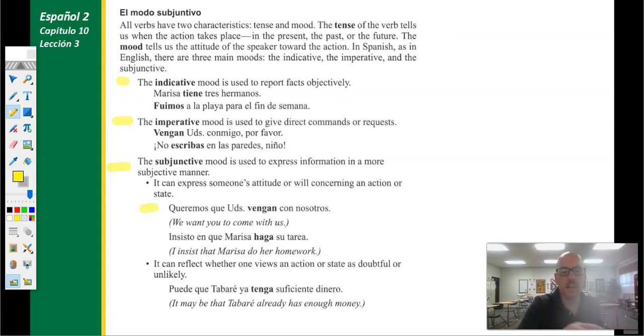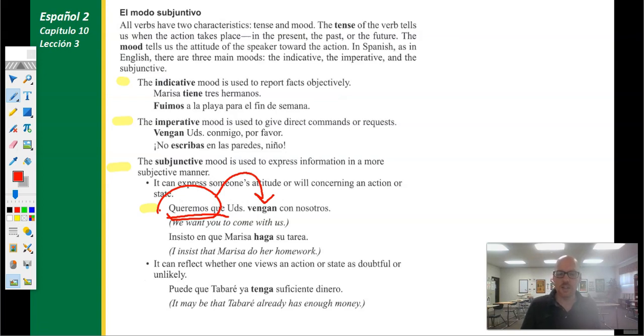Look at this example. Queremos que ustedes vengan con nosotros. We want that you all come with us. This first expression here is a strong expression of attitude or will. It's what we want. We want you all to come with us. So this strong expression of will is what triggers the subjunctive to be conjugated this way here.